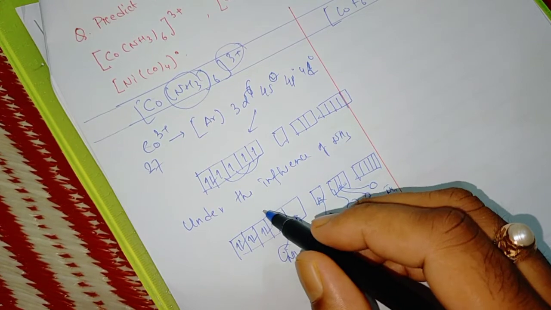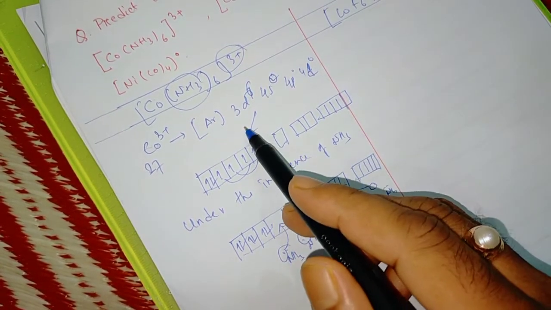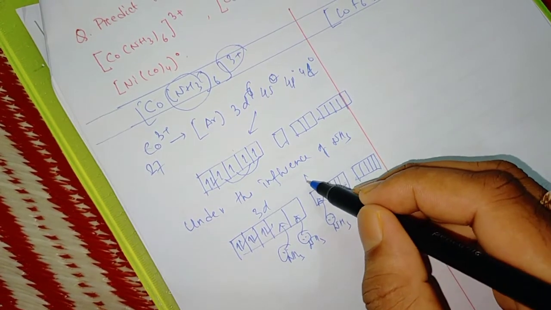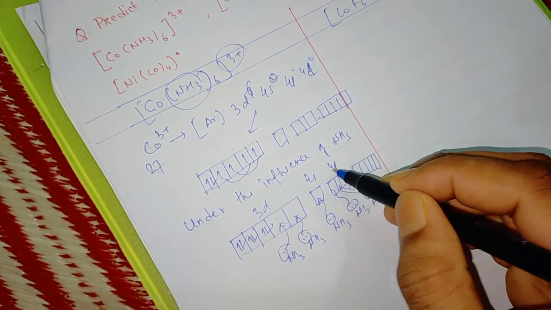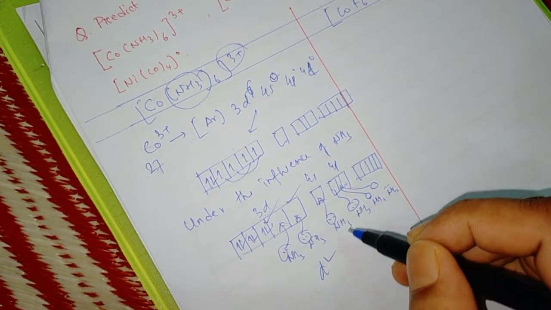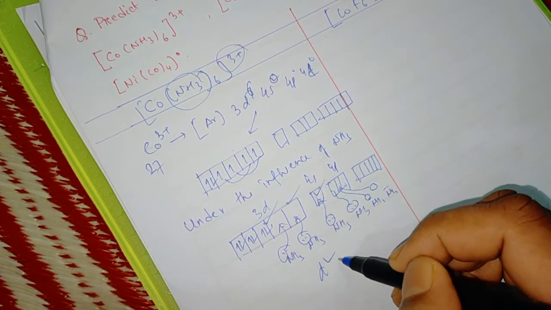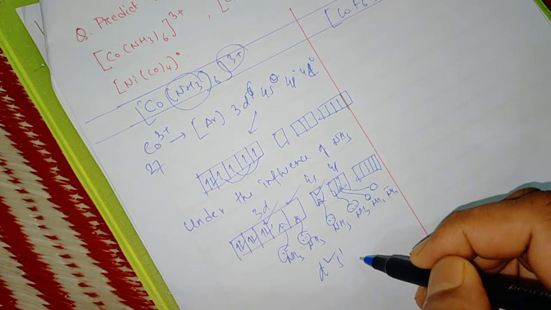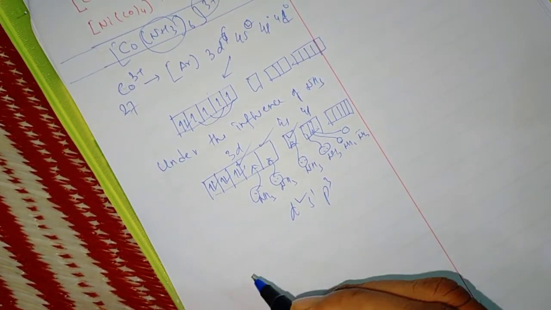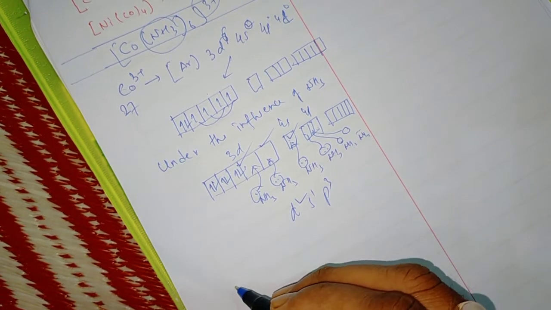How many d orbitals are used? These are d orbitals, this is 3d, this is 4s, this is 4p. So 2 d orbitals are used, so it is d2. 1 s orbital used, it is s1. 3 p orbitals are used, sp3.